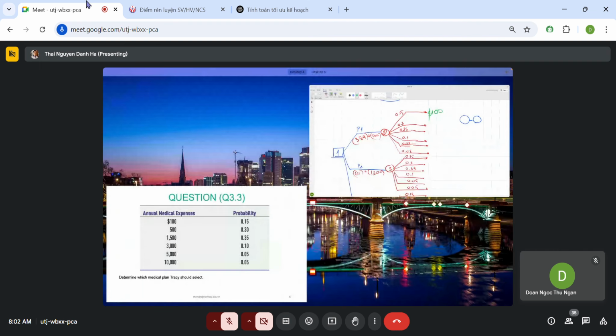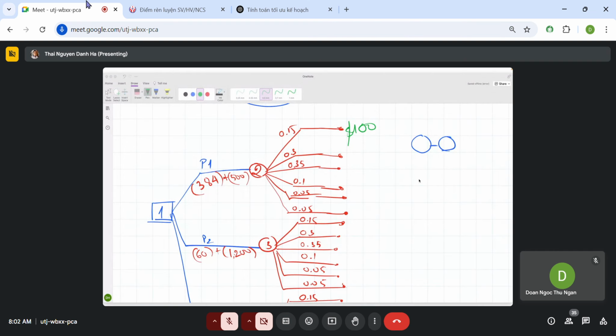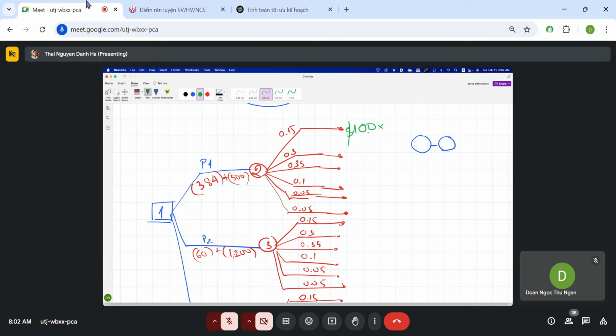It means JC McCoy just pays how much? Just $10 instead of 100 US dollar, right? Just 10%, equal to 10 US dollar per time.